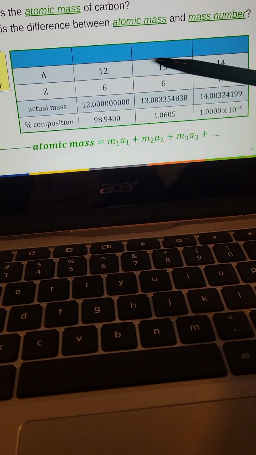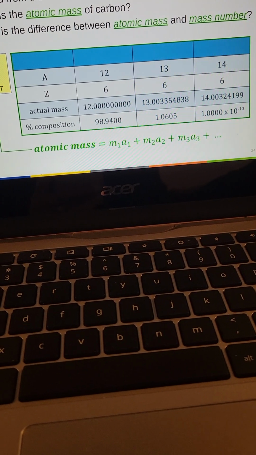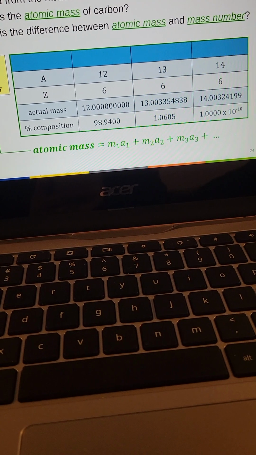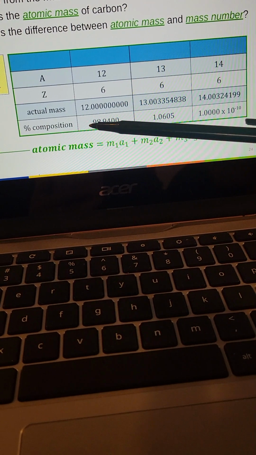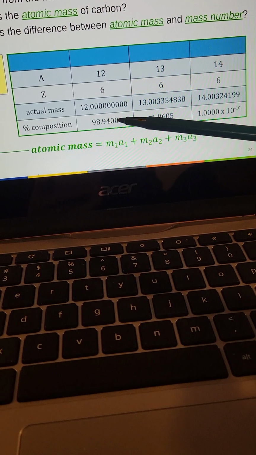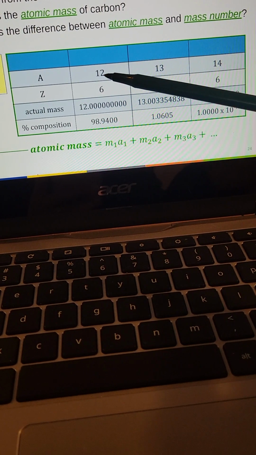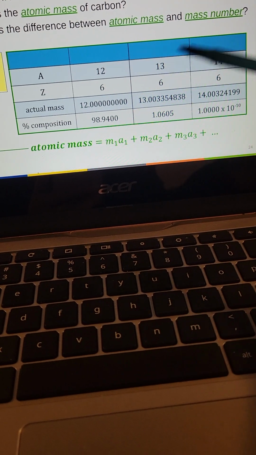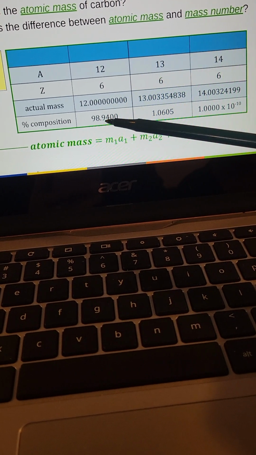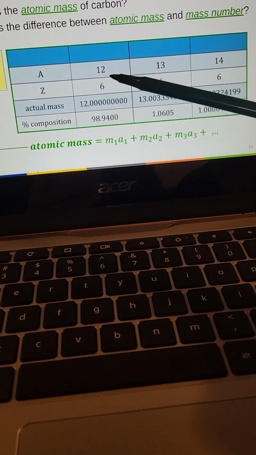So the isotopes exist in different percentages. For example, if we look at this one, the percent composition is 98.940 of carbon 12. So that means that of all the carbon that exists, there are these 3 isotopes, but 99%, almost all of it, is carbon 12.